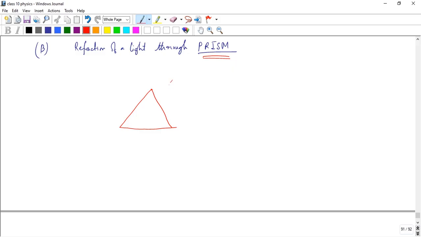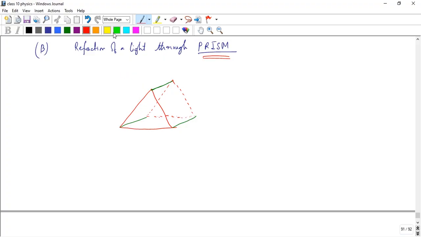We draw a dotted line for the one behind. Now joining the vertices, we get a prism.